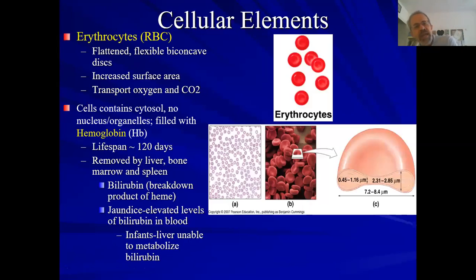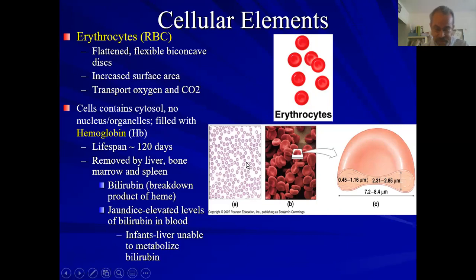All right, what can we say about red blood cells, first of all? Well, when you look at a red blood cell, they don't look like a cell at all. I mean, they are round, but their shape is like a biconcave disc. They basically lack a lot of the things that most cells do. They do not have a nucleus. They do not have any organelles. There is cytoplasm, of course. The main volume is comprised of hemoglobin.